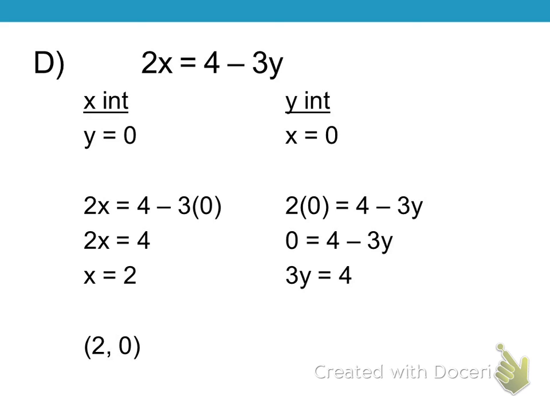So you either end up with -4 over -3 or +4 over +3, which is the same thing. Just depends on your approach. All right, so this one gives us 0, 4/3. Again, don't do decimals, don't do mixed numbers, just leave it improper. What are your questions?